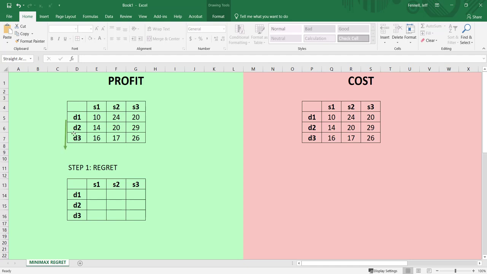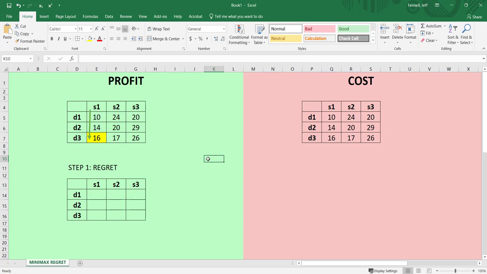So each individual state of nature I'm going to deal with first, and I look at what is the best thing that can happen for state of nature 1. Since we're talking about a profit example, the best thing that could happen is that we earn a profit of 16 units, whatever those units are.